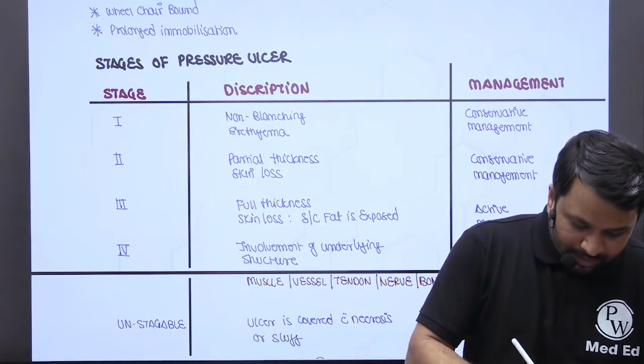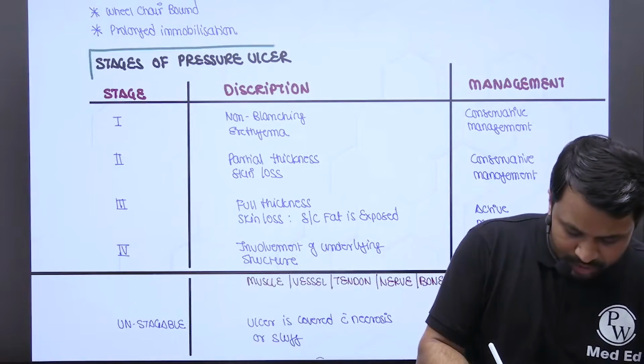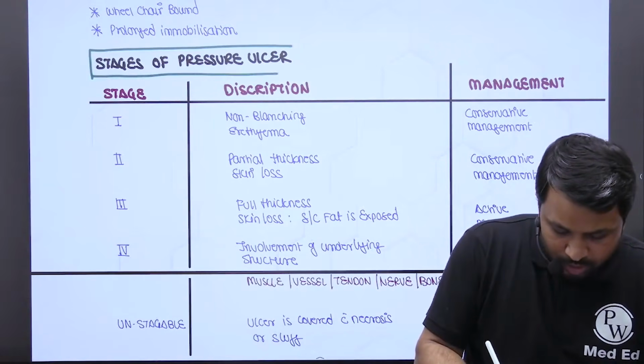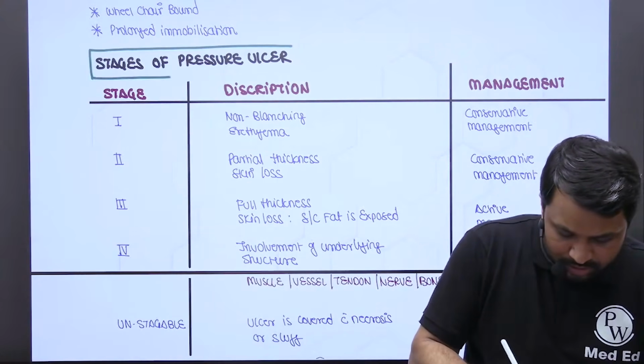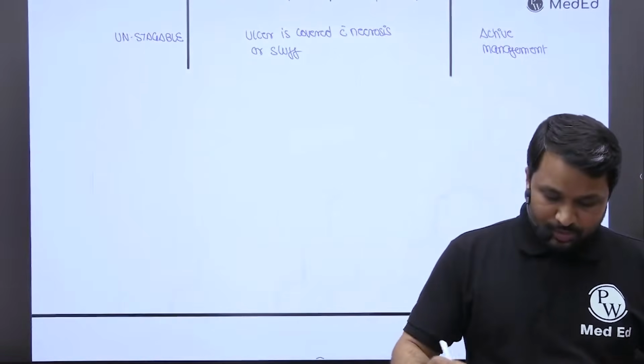Now फिर बारी आती है management की. We described it, no? कि now we're talking about active management and the conservative management, right? So what is your conservative management? What is your active management, right? So we're talking about the management of the pressure ulcer.